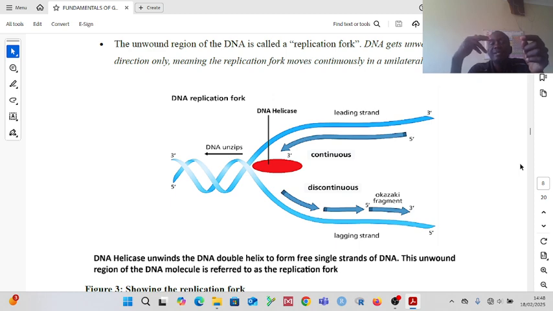By cutting the hydrogen bonds. So the DNA helicase opens up, creates a replication fork by cutting the hydrogen bonds of what was initially a double strand of DNA to create single strands of that DNA. So let's proceed.